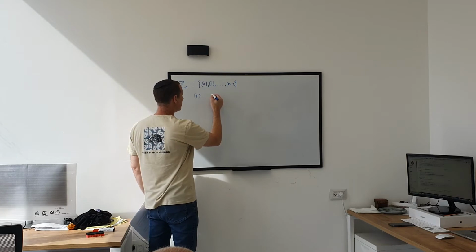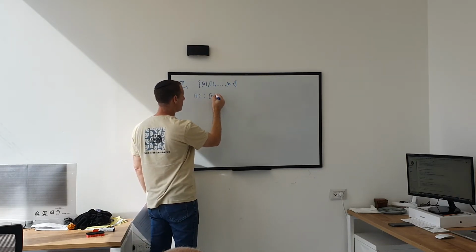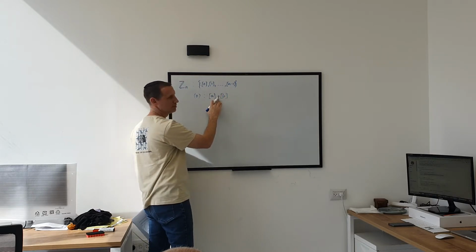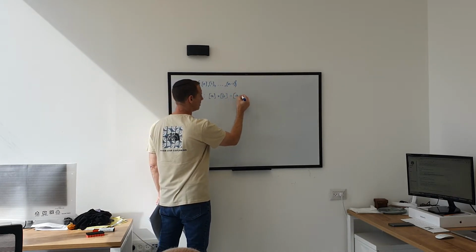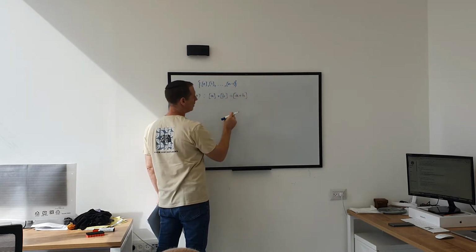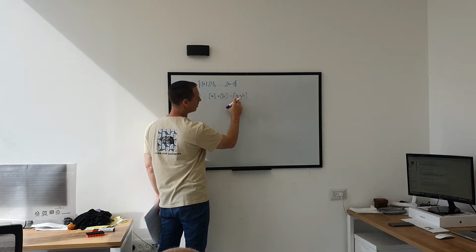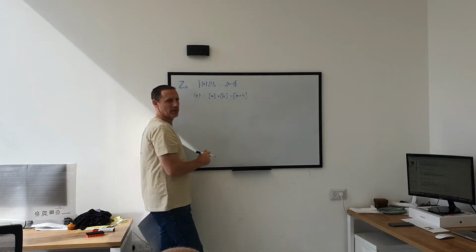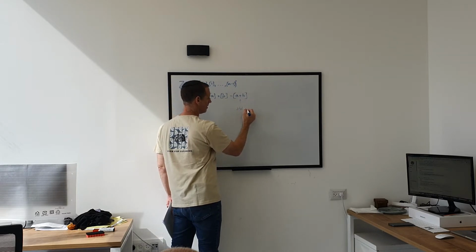And we said that the plus operation is defined in this way. So this is a special plus operation, and it's equal to the class where we add A and B. Okay, and this is the normal add, so this is the standard add.